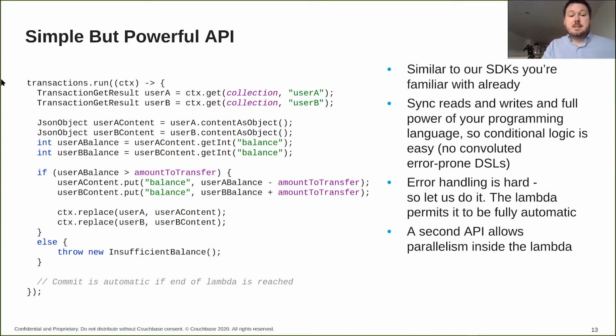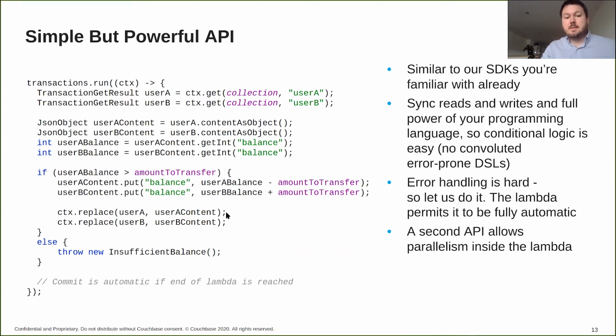So reads are synchronous. When you do the context.get call here, that is performing a read at that point. And then that means that you can now just do straightforward conditional logic on the document that you just fetched. You can see has the user got enough balance to be able to do this transfer.